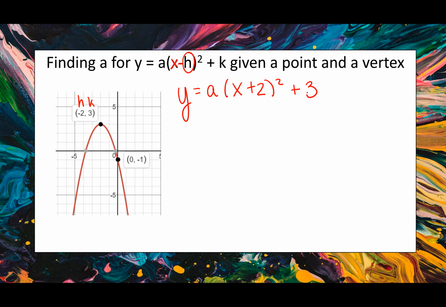Remember on the first problem I said, take a second to check that your vertex is right. We take the opposite of this, which is minus 2, and we keep this, which is 3. Does that match? Yes, it does. All right, moving forward, let's plug in our point, an x of 0 and a y of negative 1. Make sure you're plugging into the right thing.